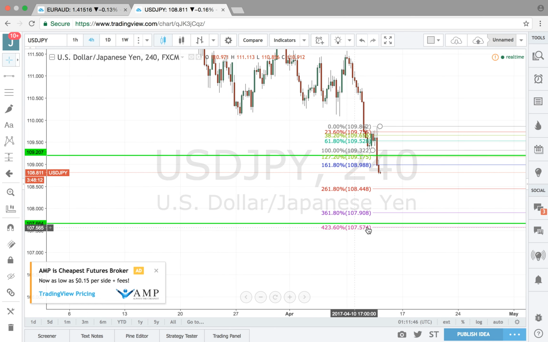So this is that 423.6 extension level that is lining up with that 230. It's like the 236.2 or 261.8 on the day. So that's the one that I'm looking at.